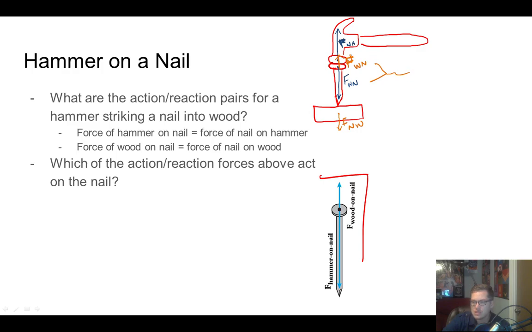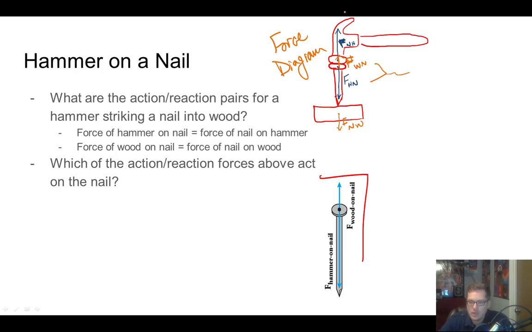Now remember, this guy here that we drew up here with the hammer and the wood and the nail, this is your force diagram. Now remember, the force diagram shows every single force, every single object that's going on in your space, and kind of gives it to you all at once without differentiating what's going on.